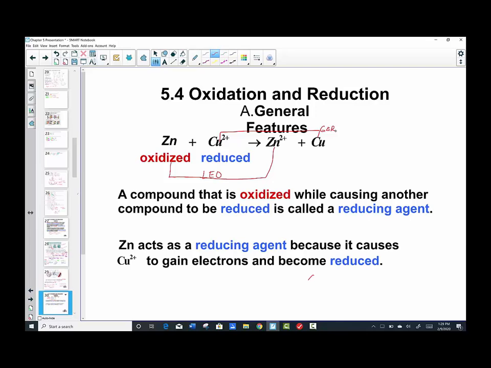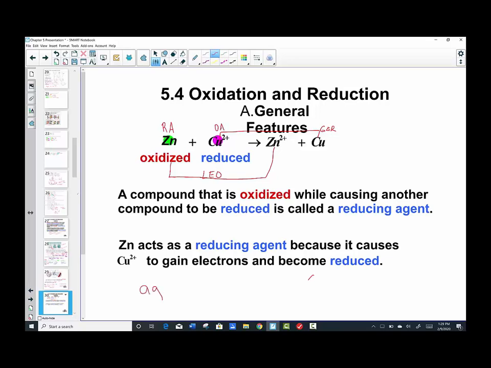The transfer of electrons is known as a redox reaction. Redox occurs when you have a change of charge. A compound that is oxidized is known as the reducing agent. And so in this example, zinc was oxidized, so therefore it would be called the reducing agent. And since copper was reduced, it is known as the oxidizing agent.